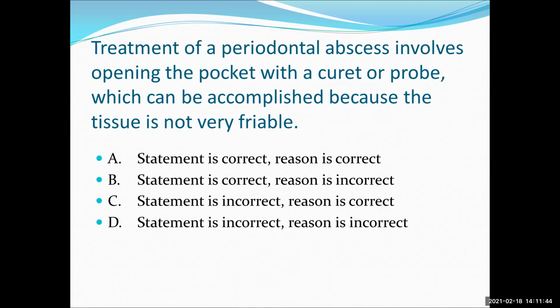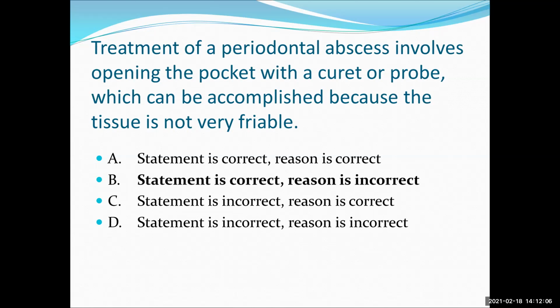Treatment of a periodontal abscess involves opening the pocket with a curette or a probe, which can be accomplished because the tissue is not very friable. And the statement is incorrect.